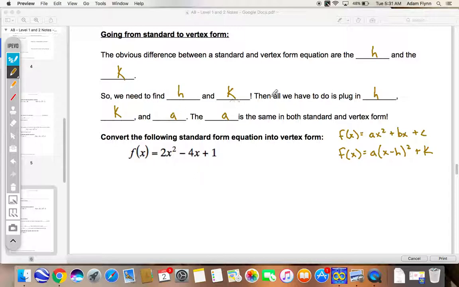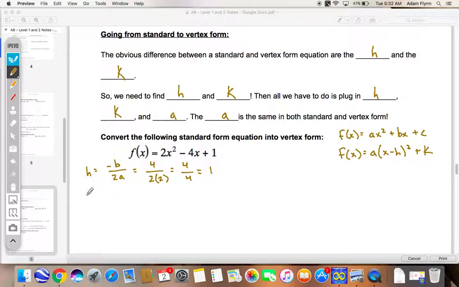So I need to find h and I need to find k. So I know h is negative b over 2a. So negative b, my b is negative 4, so I need the opposite of negative 4, which is 4, over 2 times a, which is 2. So I get 4 over 4, which is 1.